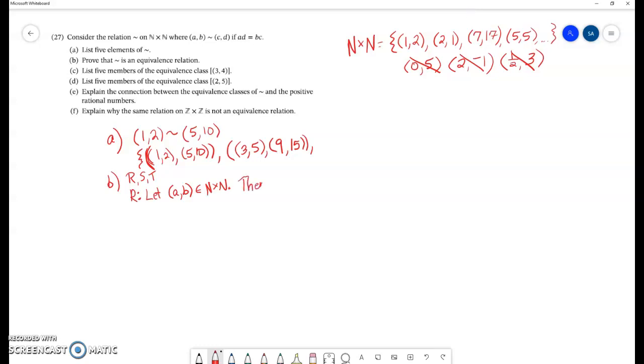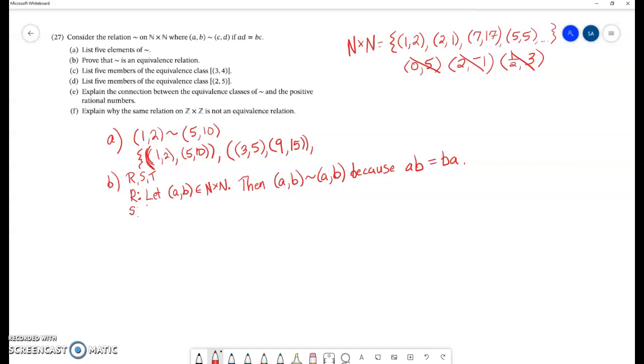Then we know this is true because the outers, a times b, equal the inners, b times a. With natural numbers, multiplication is commutative. It doesn't matter what order you multiply them in. So any element that we choose in N cross N is going to be in relation with itself because it fits this property right up here. So this gives us reflexive.